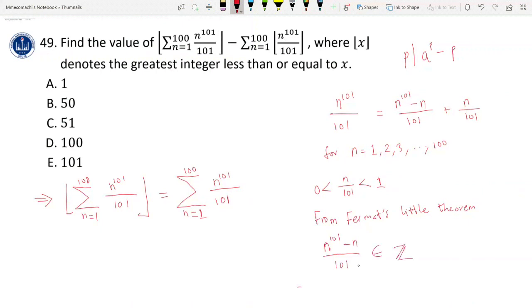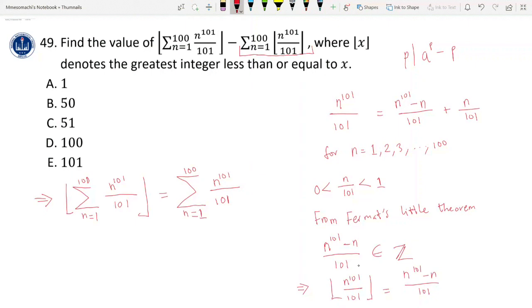So what does this imply? This implies that the floor function of n to the power 101 all over 101 is equal to n to the power 101 minus n over 101. Okay? So we can simplify this second summation.